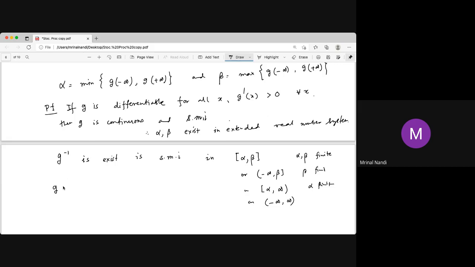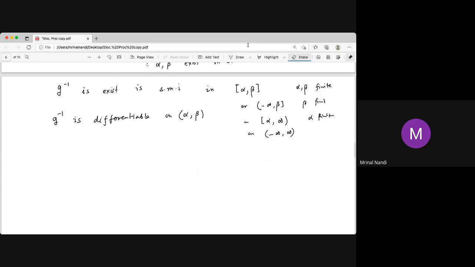So then we know this is strictly increasing, and therefore this is differentiable on the open interval alpha to beta. And what is the distribution function of Y, that is g(X)?